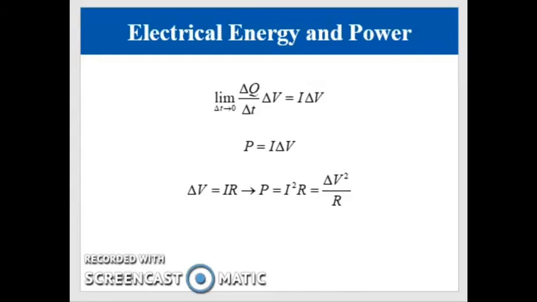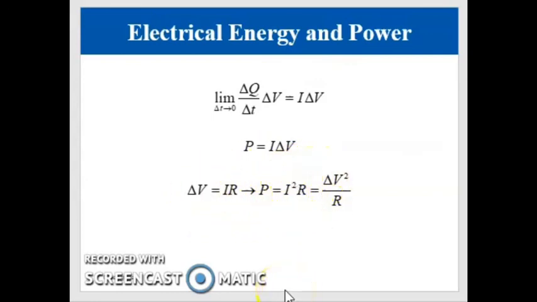Okay, now let's take a look at the equation here. The instantaneous rate, delta Q over delta t times delta V, brings us to the equation of power, P equals I delta V. We can also calculate the power delivered to a resistor by substituting Ohm's law, delta V equals IR, into the equation of power, which brings us to two equations: P equals I squared R and also delta V squared over R. The power delivered to a conductor of resistance R is an I squared R loss.